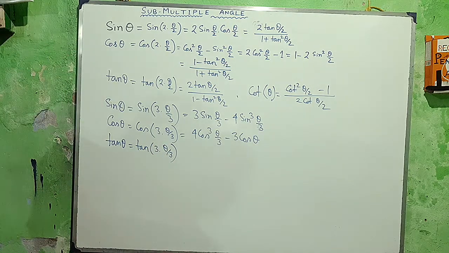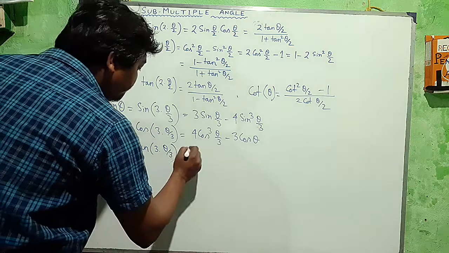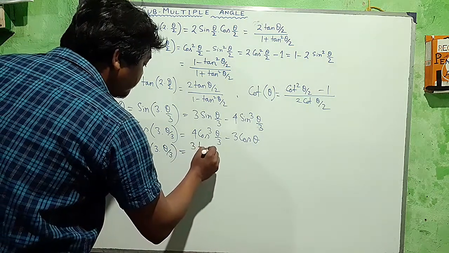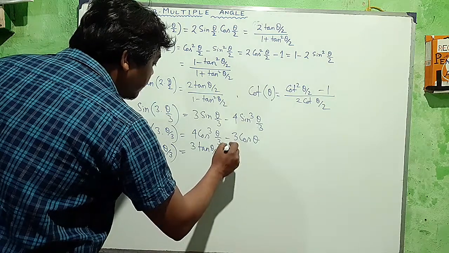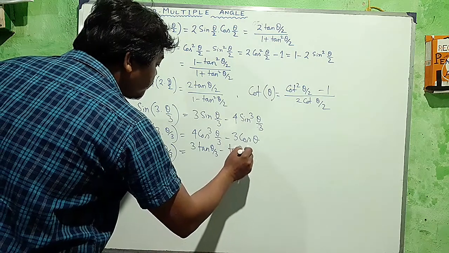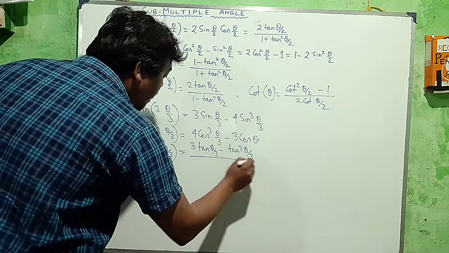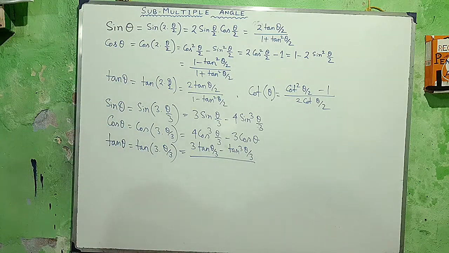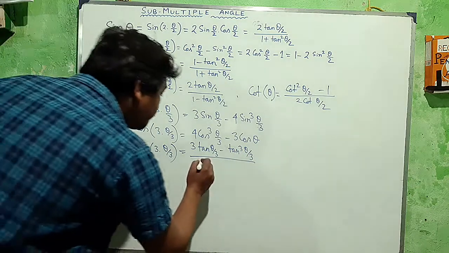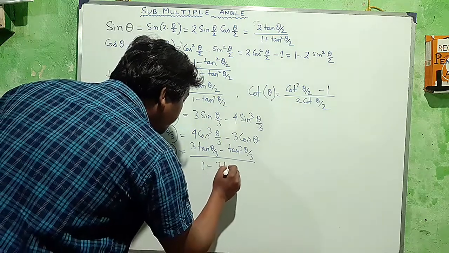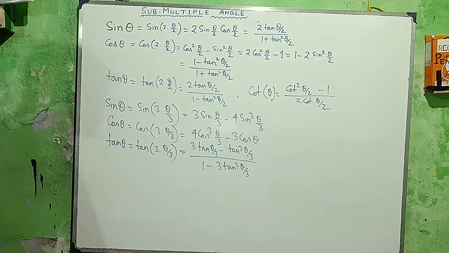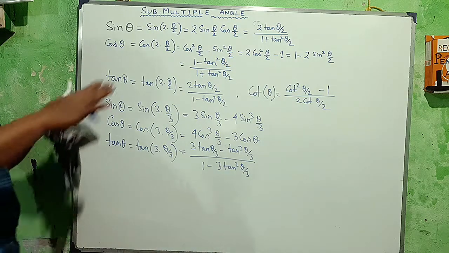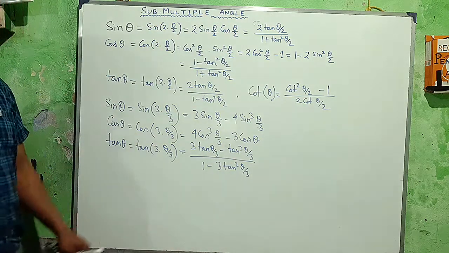So that gives 3 tan theta by 3 minus tan cube theta by 3 by 1 minus 3 tan square theta by 3. Right? Clear? So these are all the formulas of sub-multiple angle.